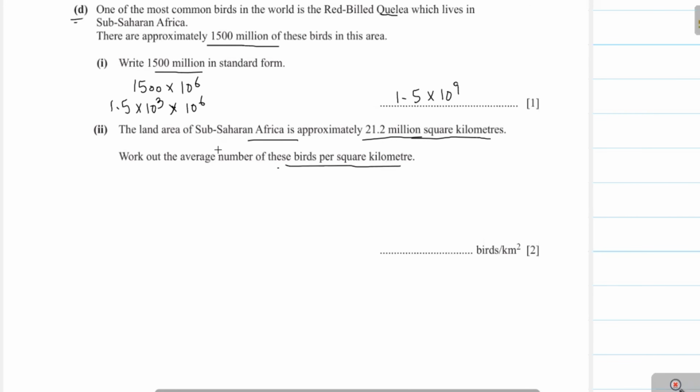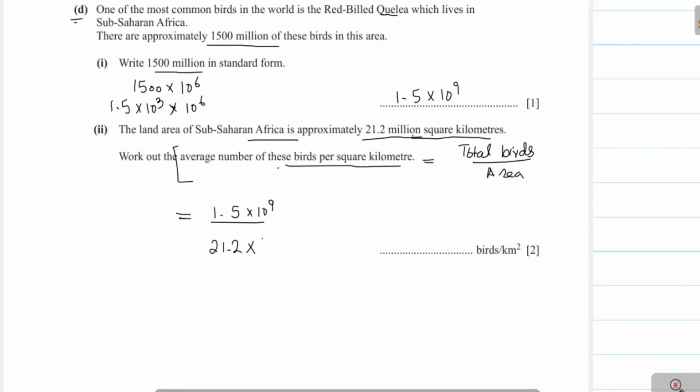Now the average number of these birds per square kilometer will be equal to total birds divided by area. You see here the birds given is 1.5 multiplied by 10 power 9, and the total area given here is 21.2 million square kilometers.